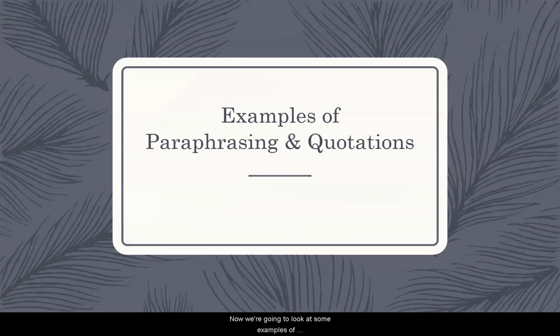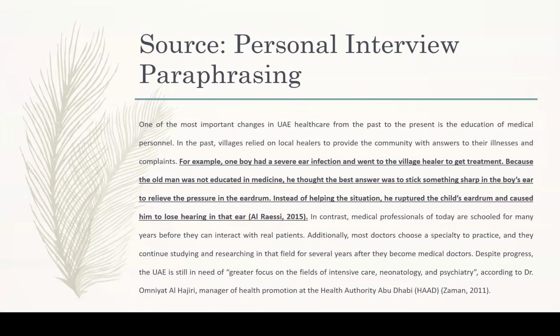So now we're going to look at some examples of paraphrasing and quotations in writing. From this first example, we're looking at a paraphrased bit of information from a personal interview. So this paragraph is talking about changes in healthcare, and in order to get this information, the writer completed a personal interview.